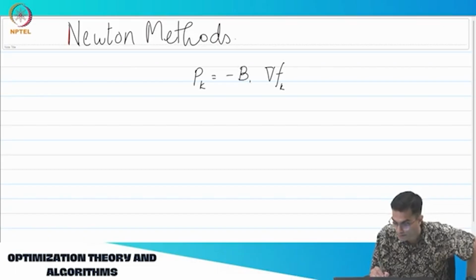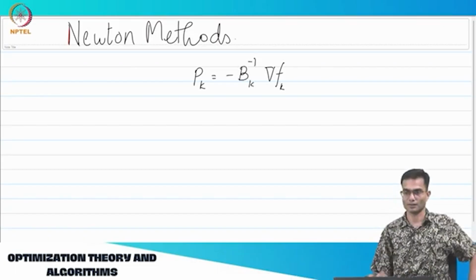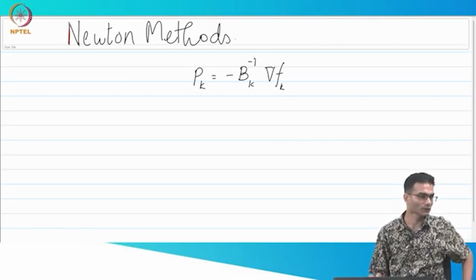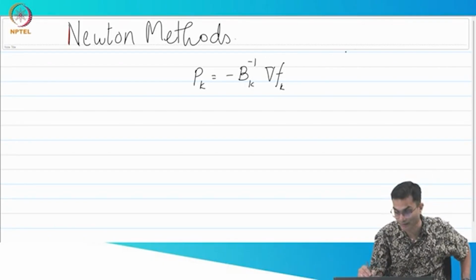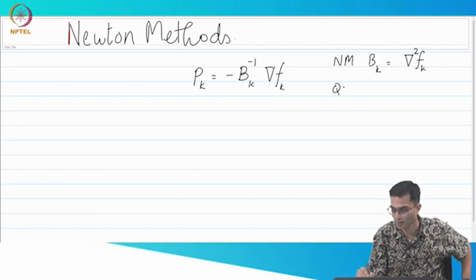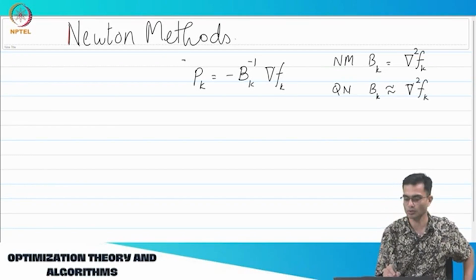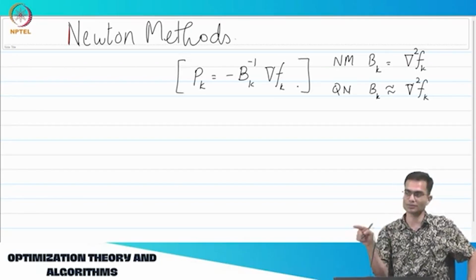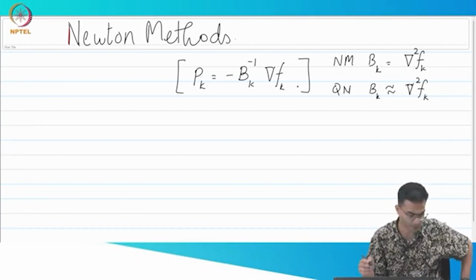Not beta, beta would be dangerous, B. Some matrix B_k inverse, and B_k was what? It depends on the context. In the Newton method, B_k was equal to the Hessian, and in quasi-Newton method, an approximation of the Hessian. So this common notation will cover both methods. When you see this, don't immediately conclude that it's Newton or quasi-Newton. You have to ask further what it is.